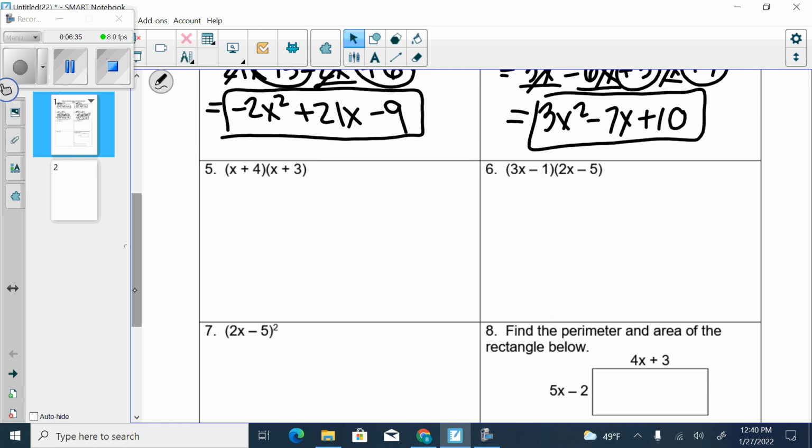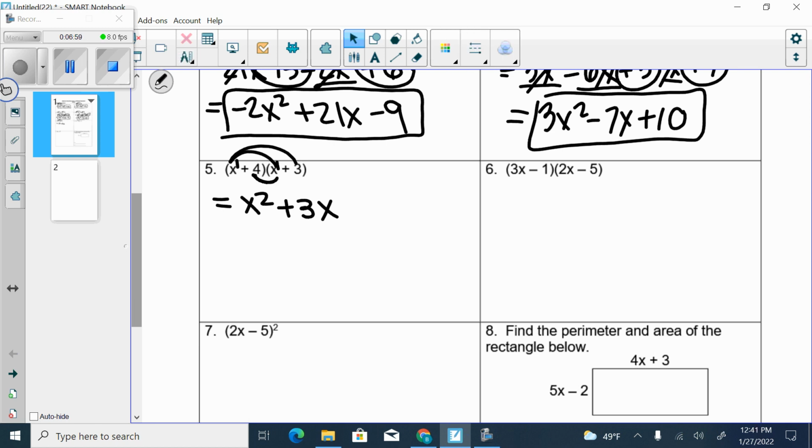So we would have x times x, x squared, because those both are understood to have an exponent of 1. Good. But I also have to multiply that x times this 3. 3x. Good. I got plus 3x. So now I've multiplied the x times everything. Now I got to do that with the 4.